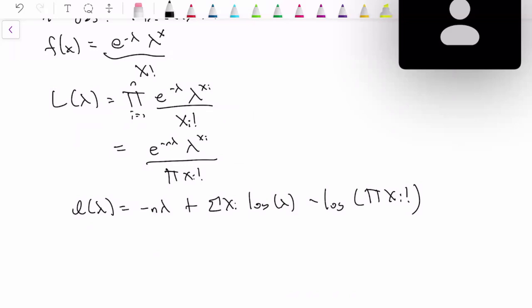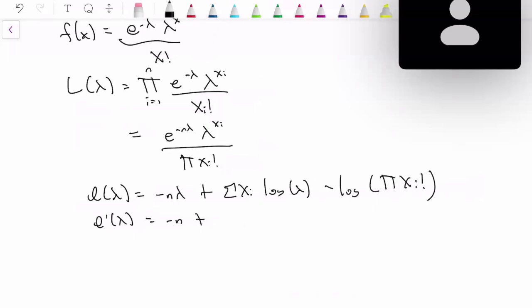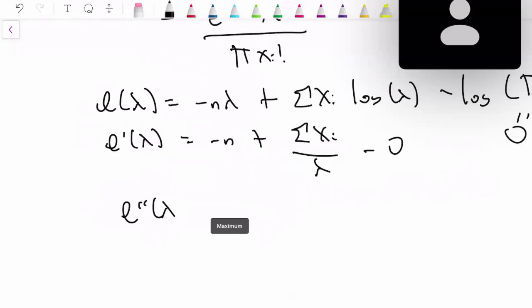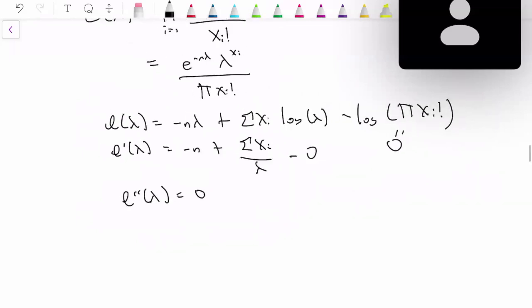Then taking the first derivative with respect to lambda, we'll get negative n plus the sum of xi over lambda, and then the last term goes to 0. Now we take the second derivative. I might have asked you to do this to check the second derivative is less than 0. The negative n goes to 0, and this will be negative sum of xi over lambda squared.